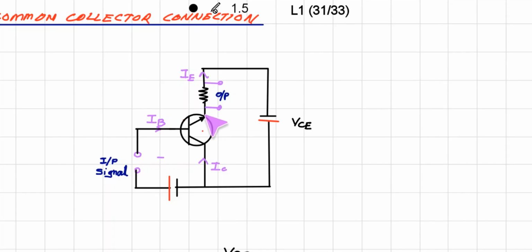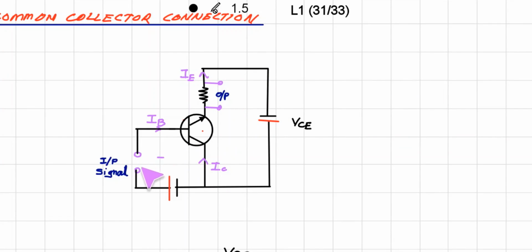Similarly, output is taken across the emitter, and the collector-emitter junction must be reverse biased. Here N is connected to positive, so that is why this junction is reverse biased.